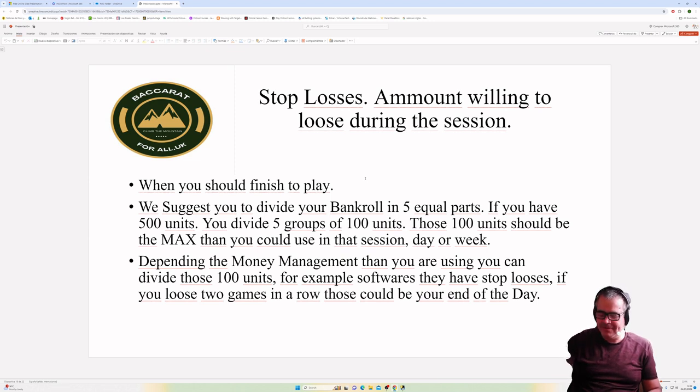For example, if you have $1,000, in my example I divide it by five: 200, 200, 200. Okay, perfect. I will use this 200, but in case I am $100 down, I will take my break and start again with another 200. Things like that. There are sensible things to do, so you can be creative.